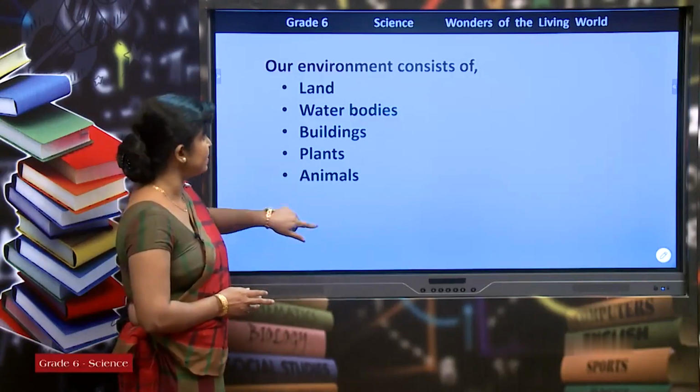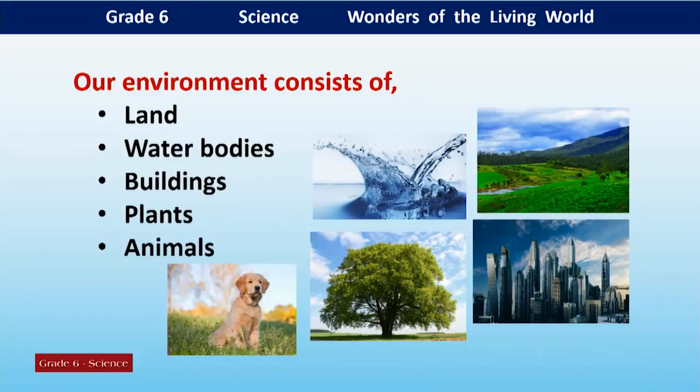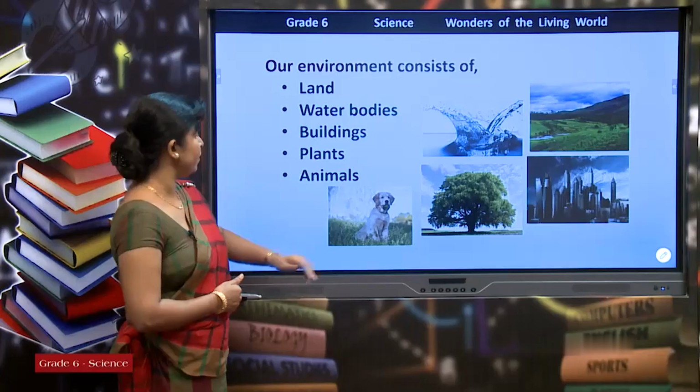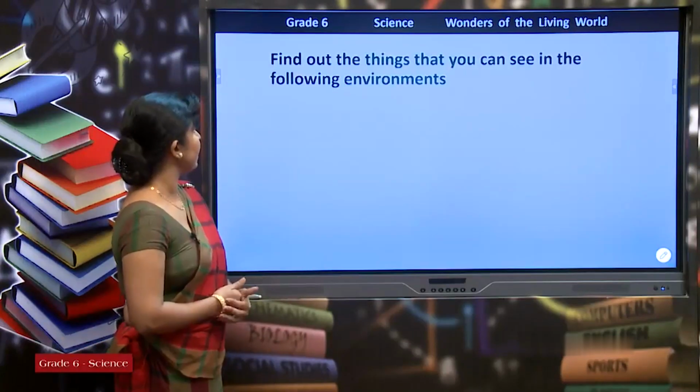When I started the lesson, I told you that you must take your writing books to write down the notes. You have to list out these things in your writing book, and you can have a picture collection. You can collect some pictures and paste them in your writing book. Those are different components of an environment.